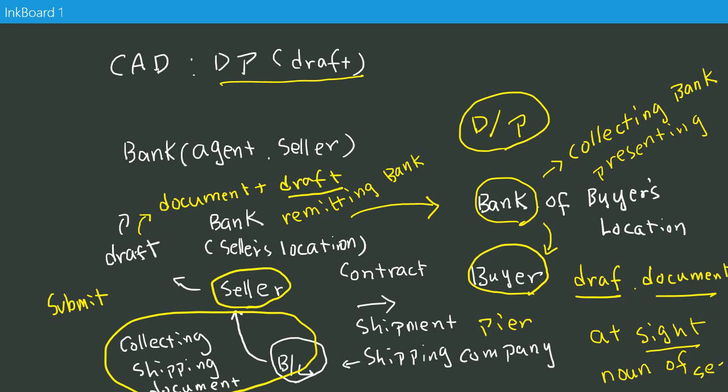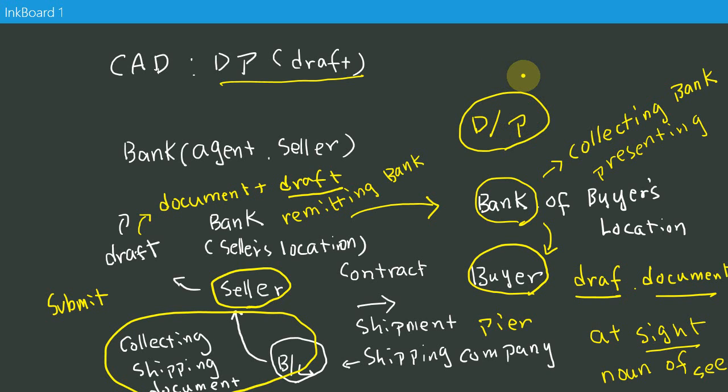So as sight means as soon as the buyer sees the draft and document, at the same time he should pay. That is documents against payment.